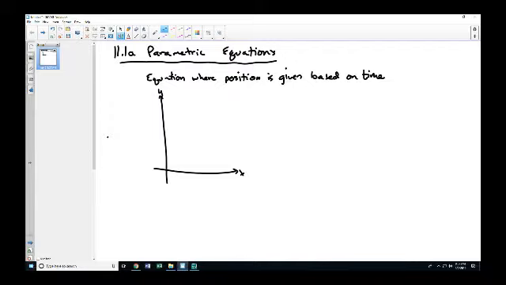But if I have a point here, we don't just put XY. It is a function based on time, and a function based on time here makes it different. So you have two different equations you're going to be working with. So that gives us our x and our y.